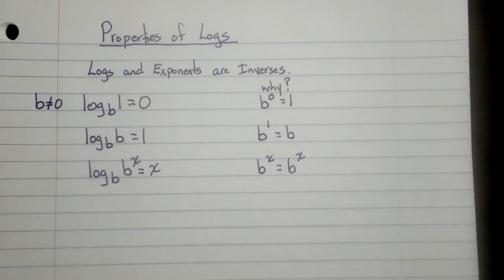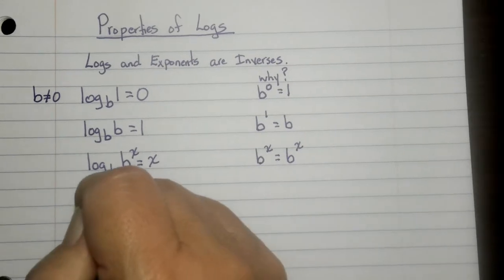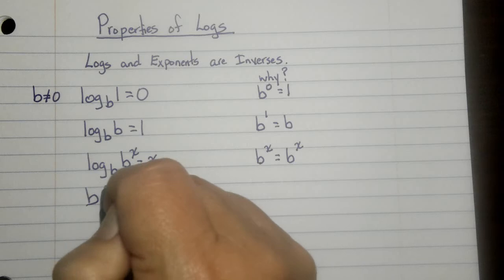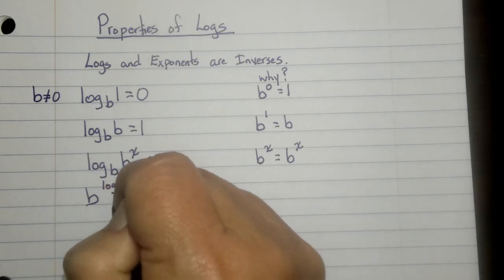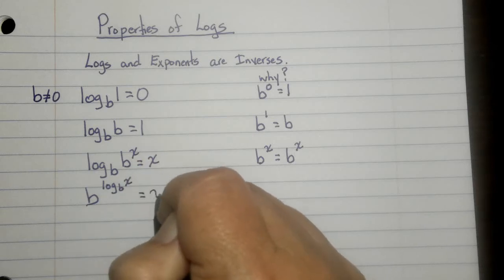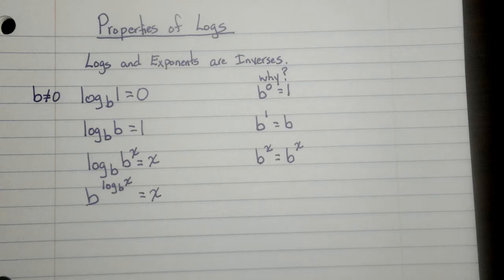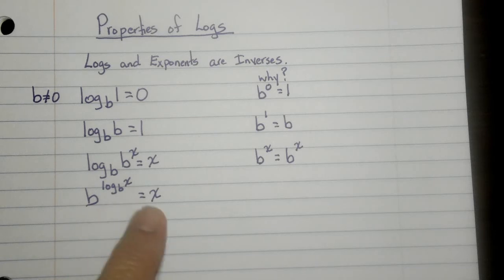Alright, now the last one is actually an exponential equation. b to the power of log base b of x is equal to x. So if you take b and you raise it to the power of log base b of x, you get x.